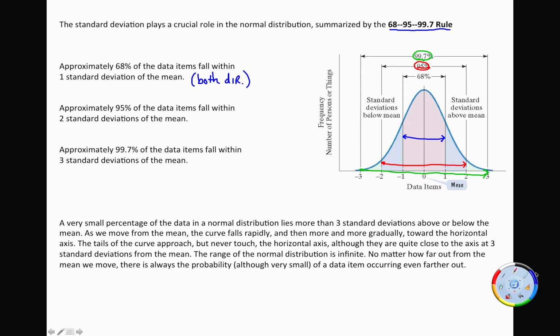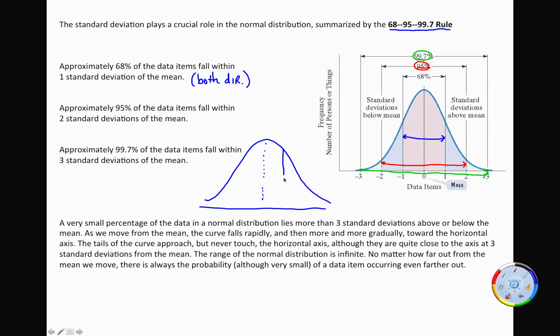So now that I know this 68, 95, 99.7 rule, as we mentioned earlier, as soon as I hear that we have a normal distribution, I'm going to draw my bell shape, and I'm going to draw these 3 items in.